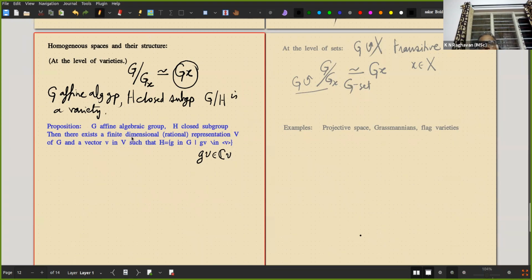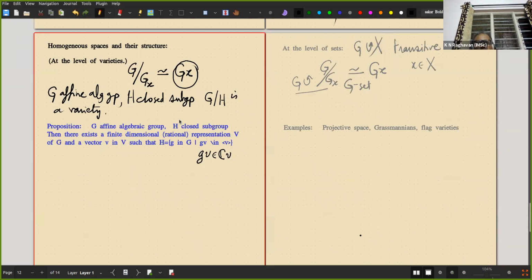Let me quickly tell you how to do this. You look at the ideal of H inside G and take a finite set of generators for it. This is a Noetherian ring, so you can choose a finite set of generators inside the ring of functions.